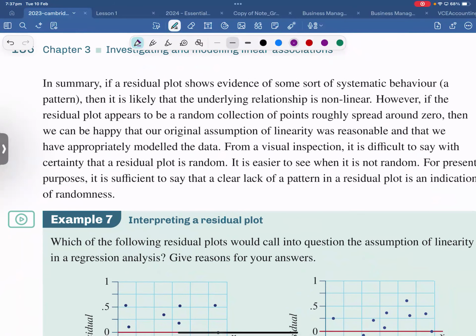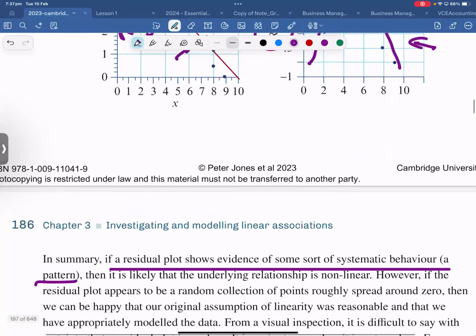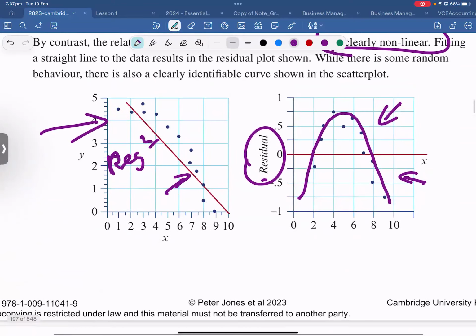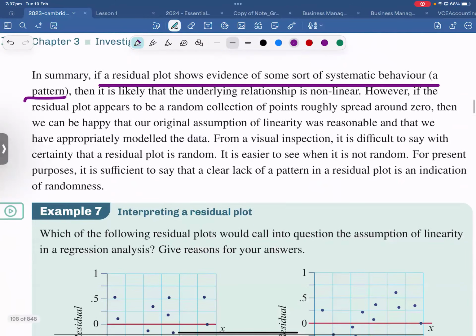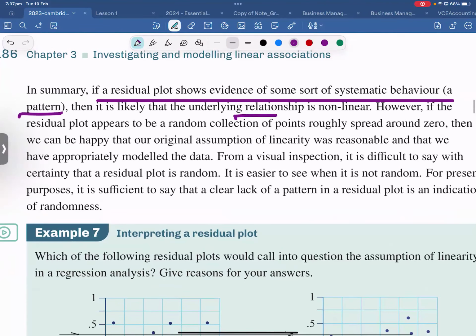See, in summary, if a residual plot shows evidence of some sort of systematic behavior, a pattern. In the previous one, what did we see? We saw a clear curvature. That means, what is the story? Then the relationship will be, what is the relationship?